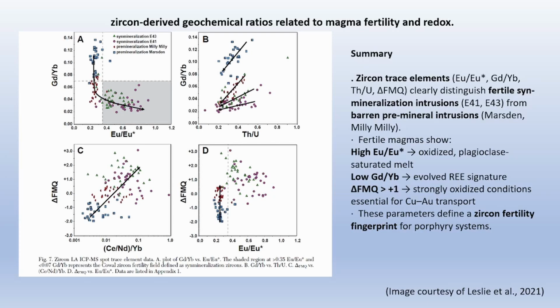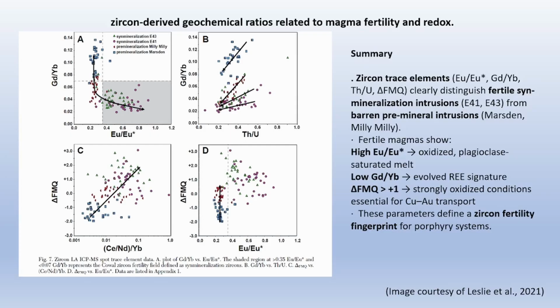We have C mineralization zircons trending toward low gadolinium/ytterbium and intermediate thorium/uranium, and again clustering separately from pre-mineral zircons. These trends may reflect progressive rare earth depletion and fluid-melt interactions in evolving magmas.